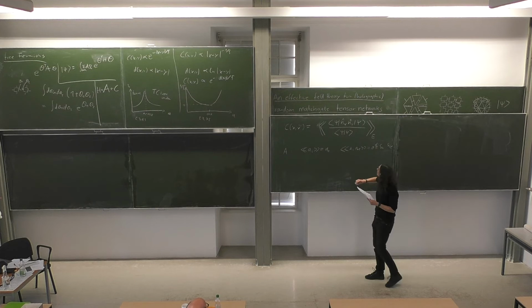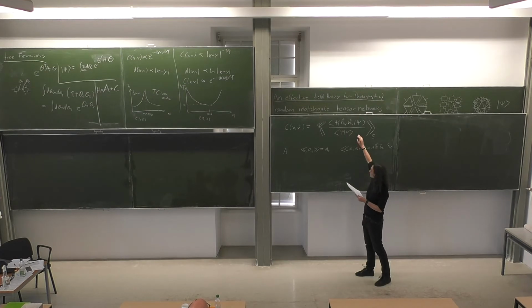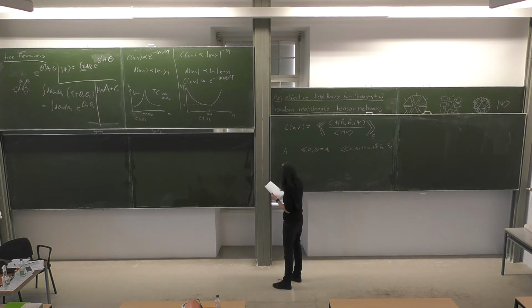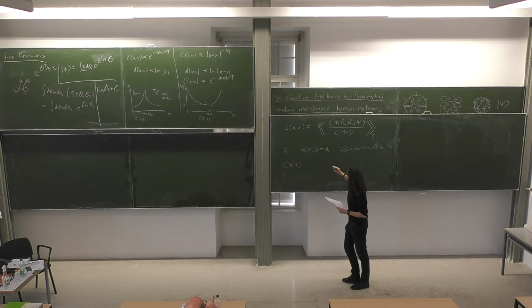So what I'm going to do next is to derive an expression for this in terms of a nonlinear sigma model, and this proceeds in a few steps. So first of all, the tensors are all the same? No, every A is different.